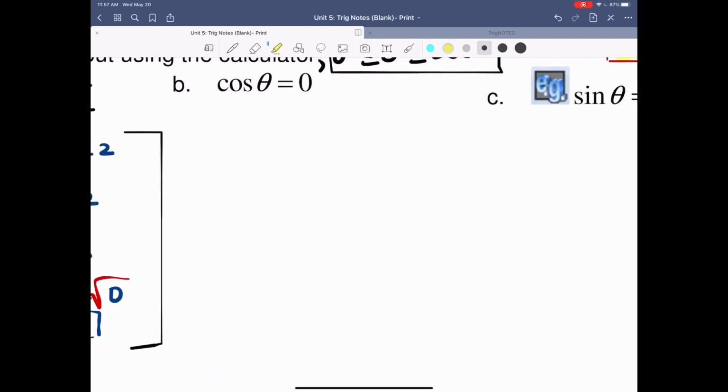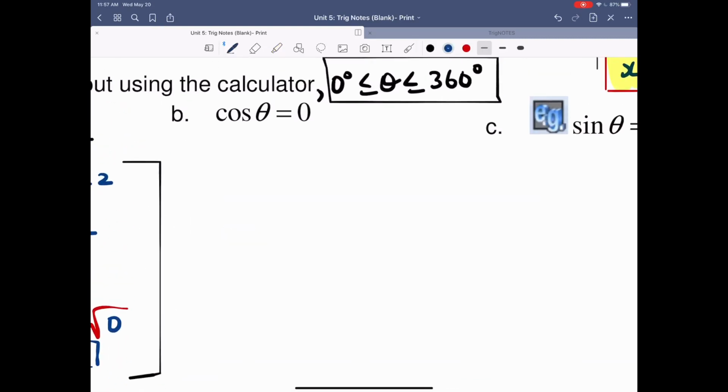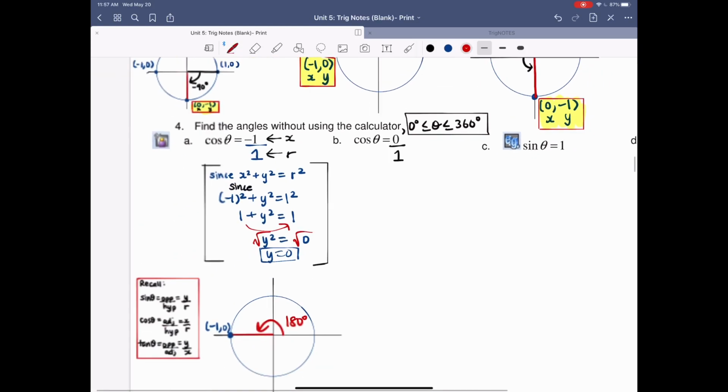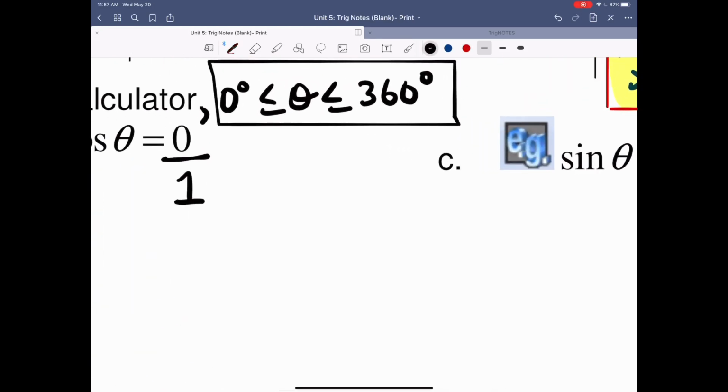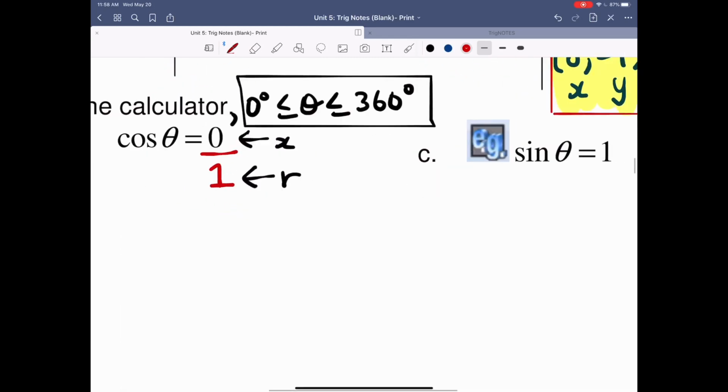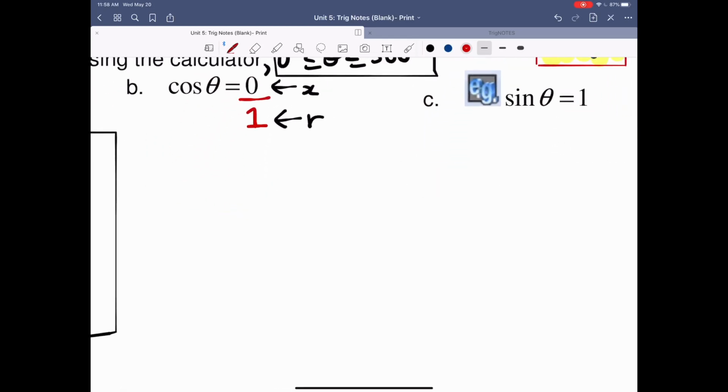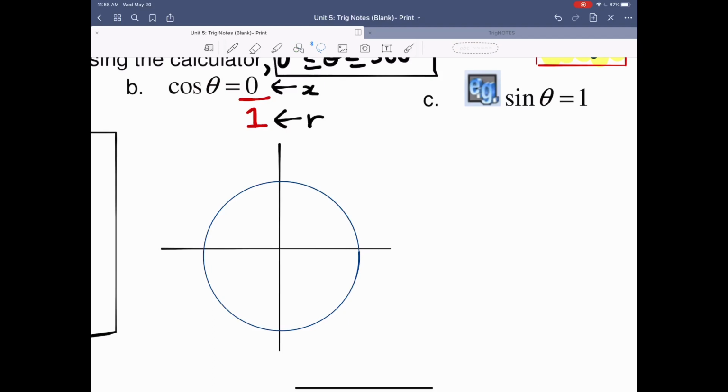Let's go to B. B is cos theta is equal to 0. Again, it has a denominator of 1. According to my summary, my 0 is equal to x, and the denominator is equal to r. Okay, so I'm going to draw my x and y axis, circle, centered at the origin.